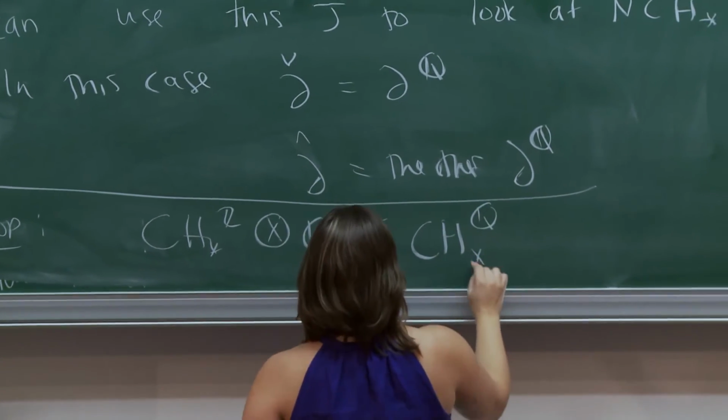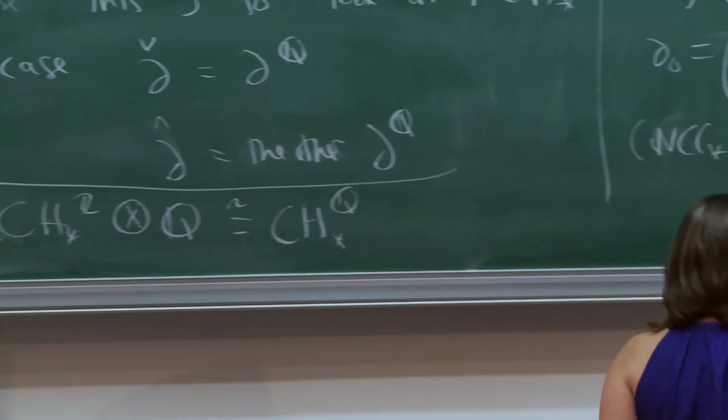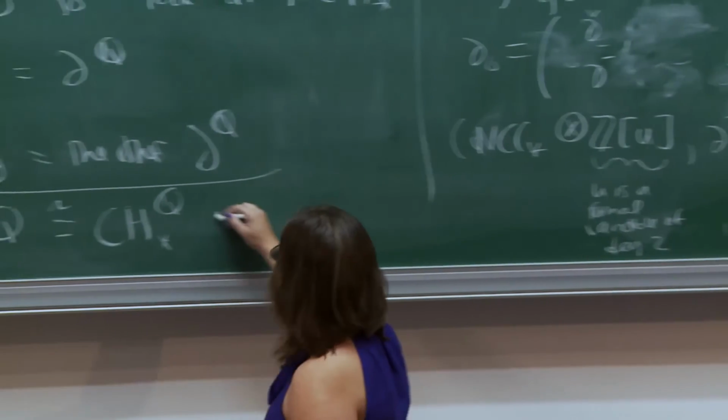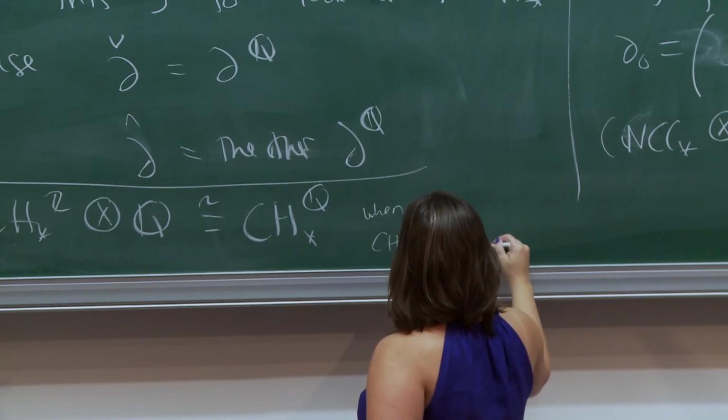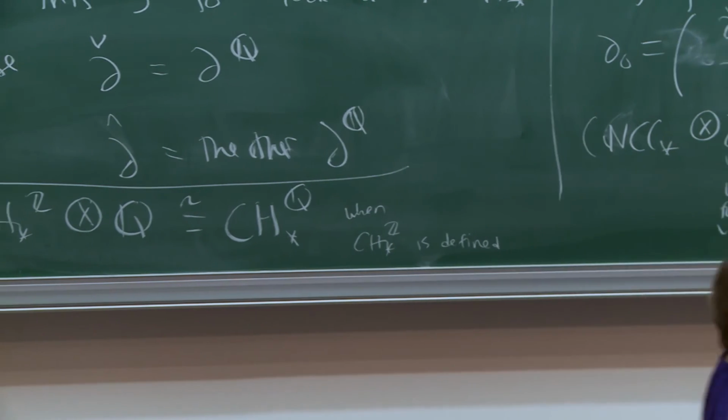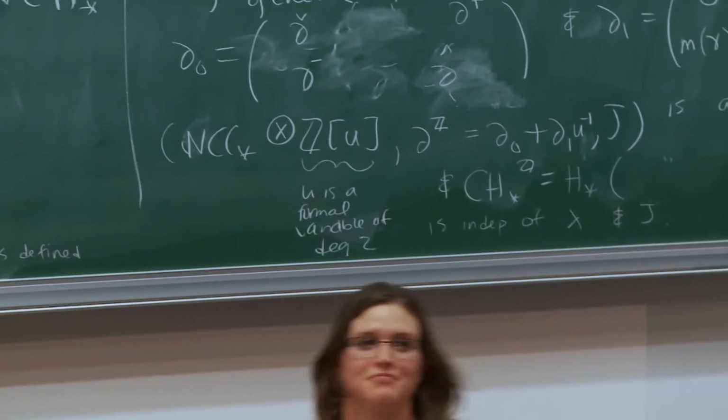And so this is how you end up getting invariance of cylindrical contact homology. Okay. And I will end.